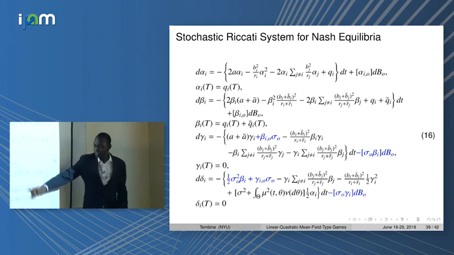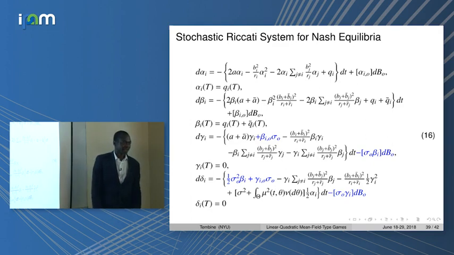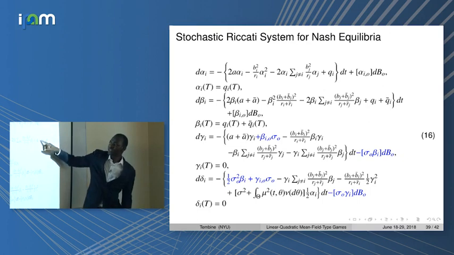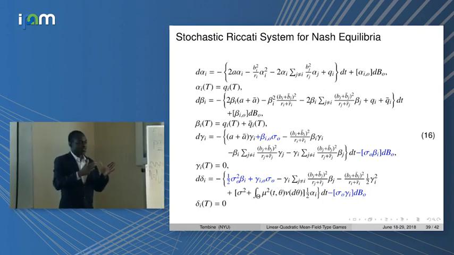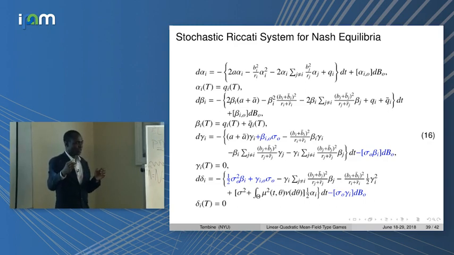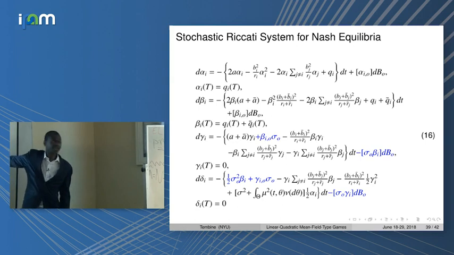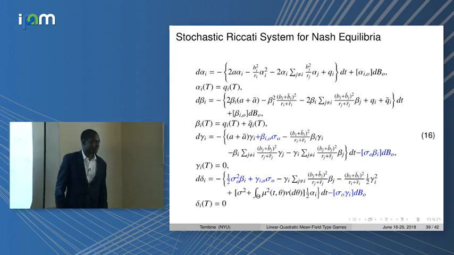So there is a really SDE component. Now, while these are ODEs for us, if we modify it a bit to make the diffusion depend on the control, or the jump depend on the control and the state, then this will really be an SDE as well. We have that extension.